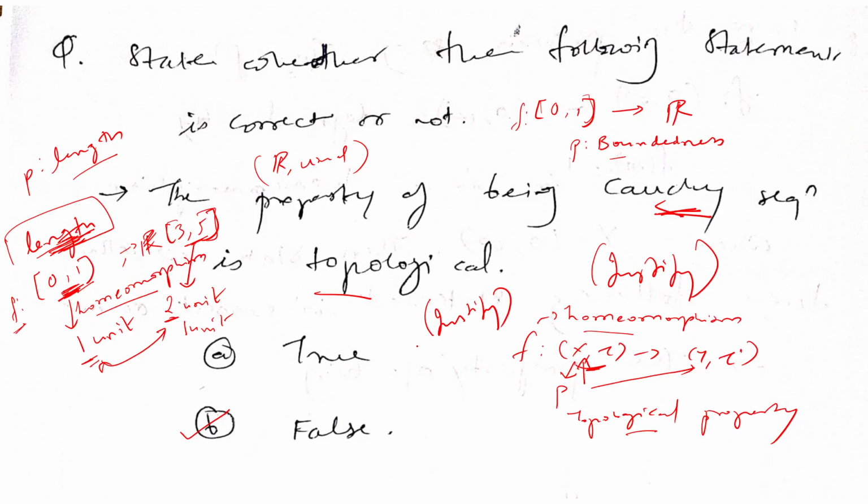And the next thing that you asked was about the product of two connected spaces. Yes, even if you are taking an arbitrary number of products, the product of connected spaces is also connected. I have already ticked it. So the correct option is B, that is false.